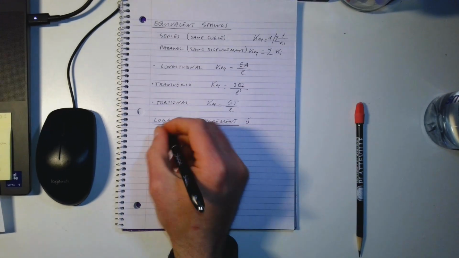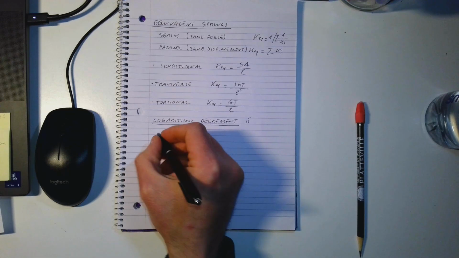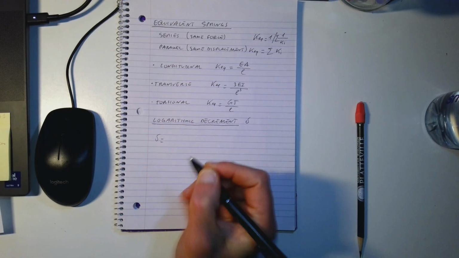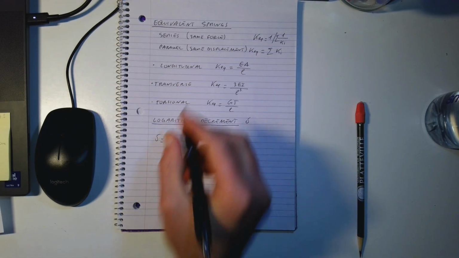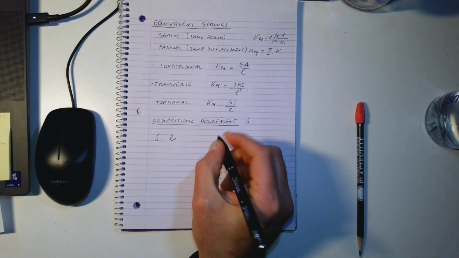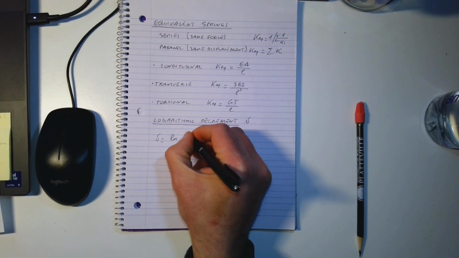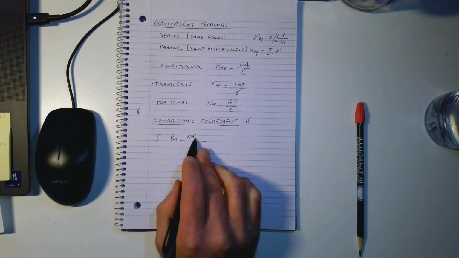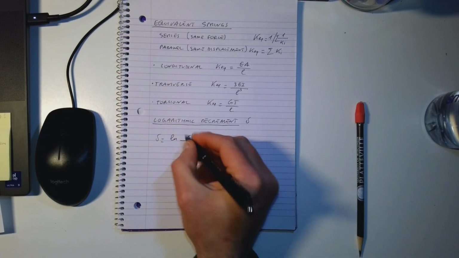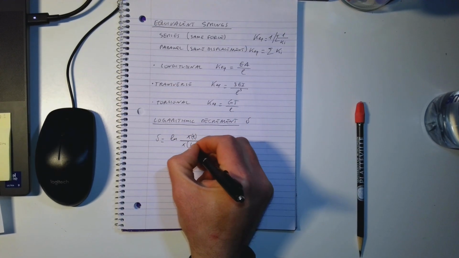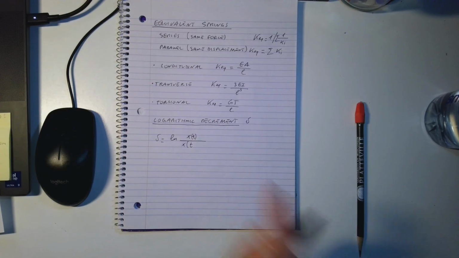We start from the definition of logarithmic decrement, which is the natural logarithm of the ratio between the displacement at a certain time and the displacement at a period after that time.